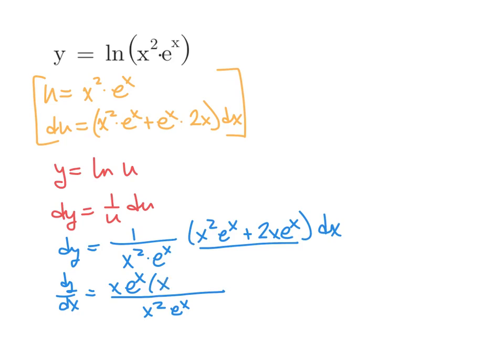And what I'll be left with is just x plus 2. There's a little bit of canceling that can happen here. For instance, we can get rid of 1 x, and we can get rid of the e to the x as well. So our derivative actually simplifies very nicely into x plus 2 over x.